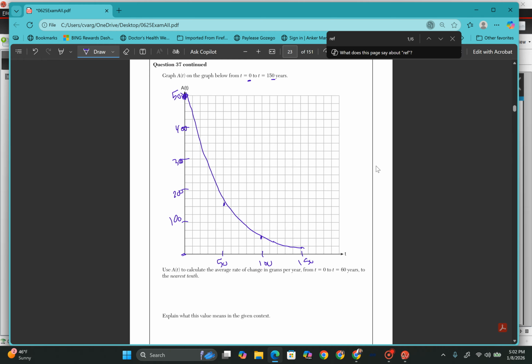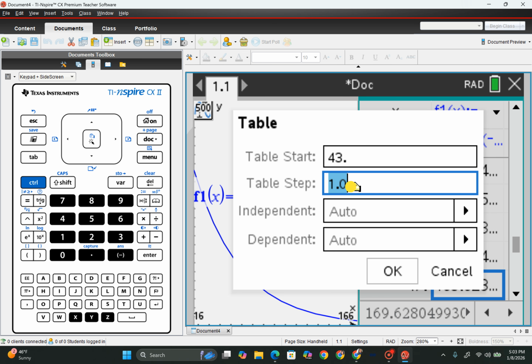So somewhere around there. And if I want to know the actual numbers, I could always hit menu, go to table and split screen. This will help me get the actual numbers. Or if I don't want to see all of this, I can do table, edit table settings, and go by 50 here, and table start at 0, and then I can see numbers.